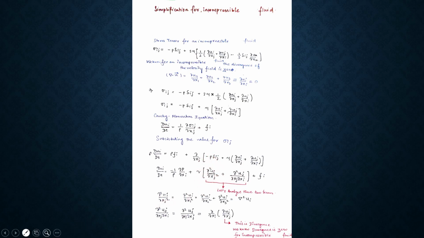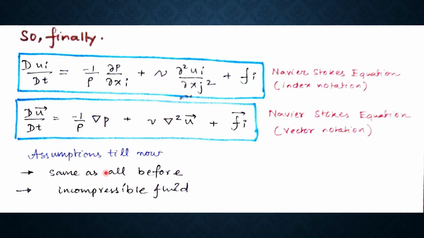So yeah, now the Navier-Stokes equation is finally ready. So finally, we obtain that the material derivative of u_i is equal to minus 1 by rho del p by del x_i plus nu del square u_i by del x_j square plus f_i. This is the Navier-Stokes equation in the index notation for an incompressible fluid.